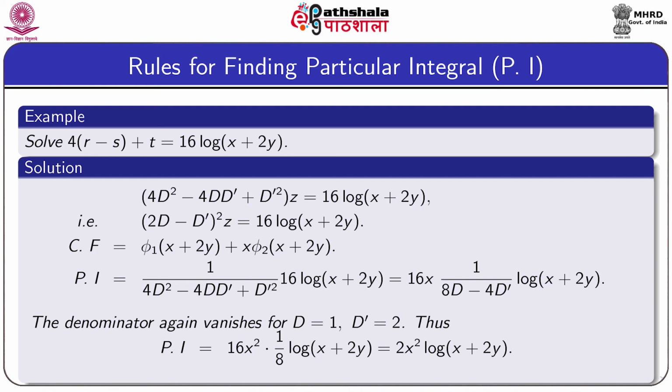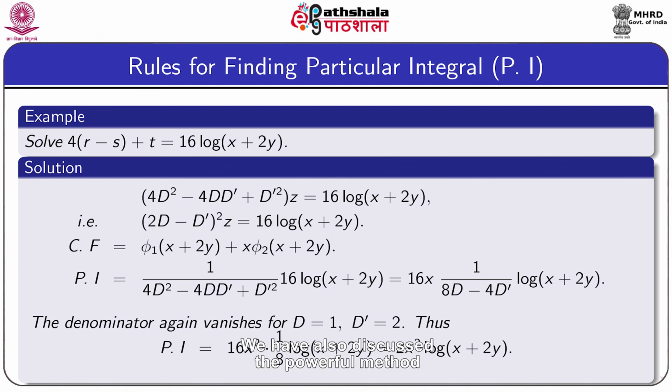So, this is a second order linear partial differential equation with constant coefficient, but the right hand side is some function of x plus 2y. So, in this case we can see that the complementary function, since there is a repeated root in capital F, can be written in this way: phi 1 (x + 2y) plus x phi 2 (x + 2y).